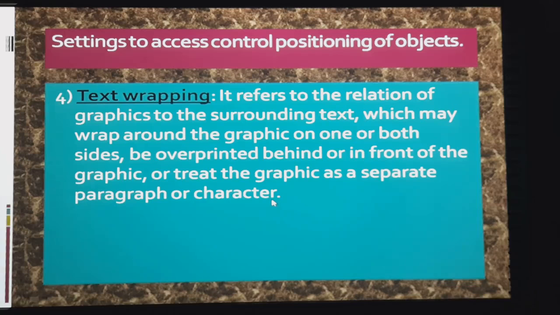In general terms, remember it this way: the relationship of a graphic object to the surrounding text is called text wrapping. So these are the four settings which we should always remember whenever we need positioning of objects in a controlled manner: arrangement, alignment, anchoring, and text wrapping. These four are very important.